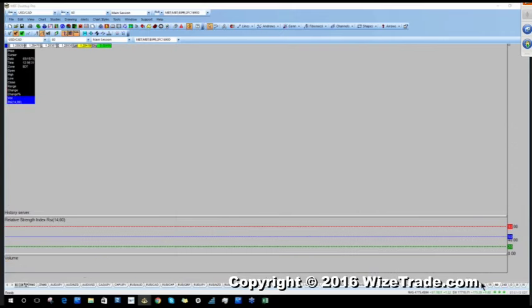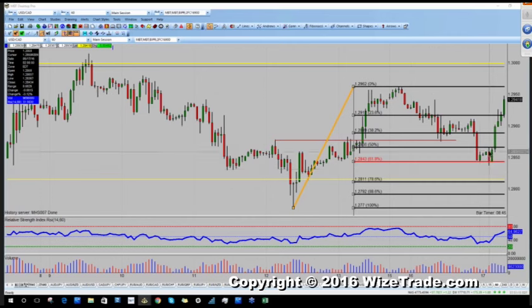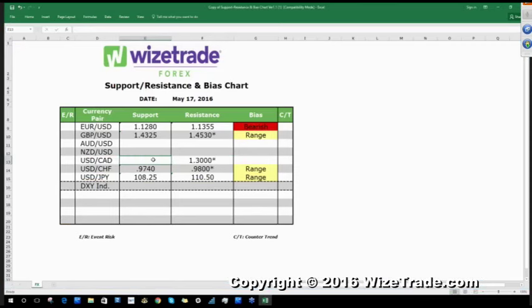So any dip to 128.65 is probably going to be bought, but I might as well just write 128.40. We're going to threaten to turn bullish if we get above 130. Well, actually, we will flip it to bullish.